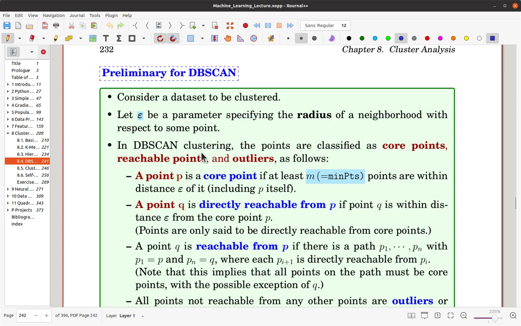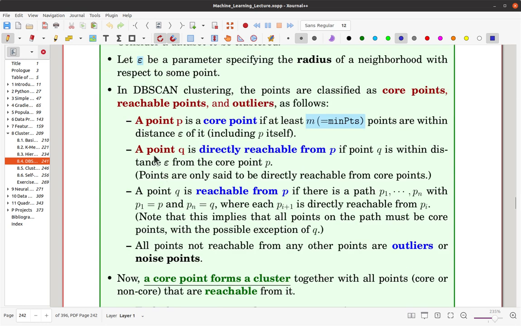In DBSCAN clustering, the points are classified as core points, reachable points, and outliers as follows. A point P is a core point if at least M points are within distance epsilon of P, including P itself.